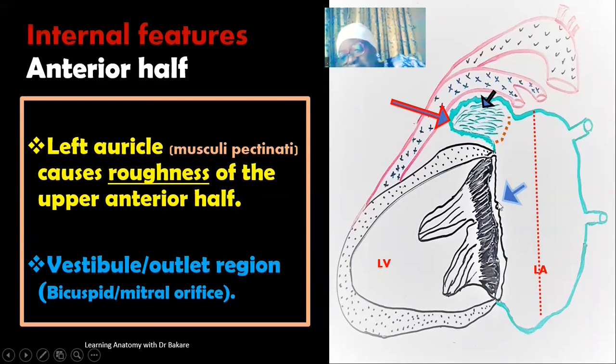If you look at the configuration of this valve, you see that it is a two-leaflet valve, and that is why it is named the bicuspid valve. This is what is seen around the vestibule of the anterior half, while at the upper part, we have the left auricle, the out pouch that is created. So you can see that the different regions of the left atrium have their own distinct presentation.